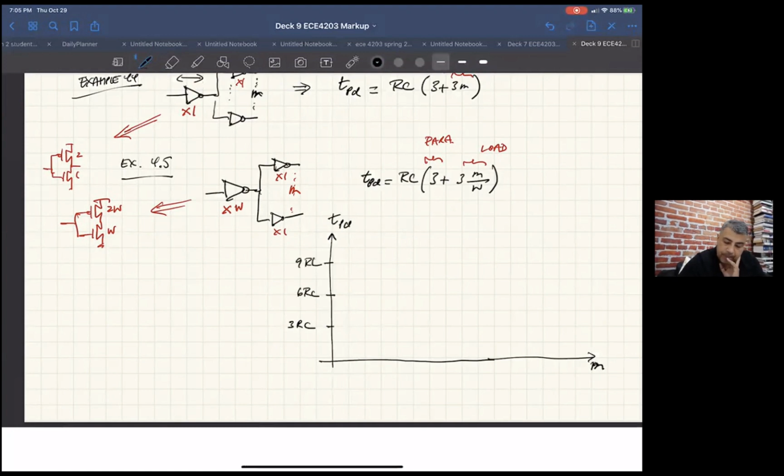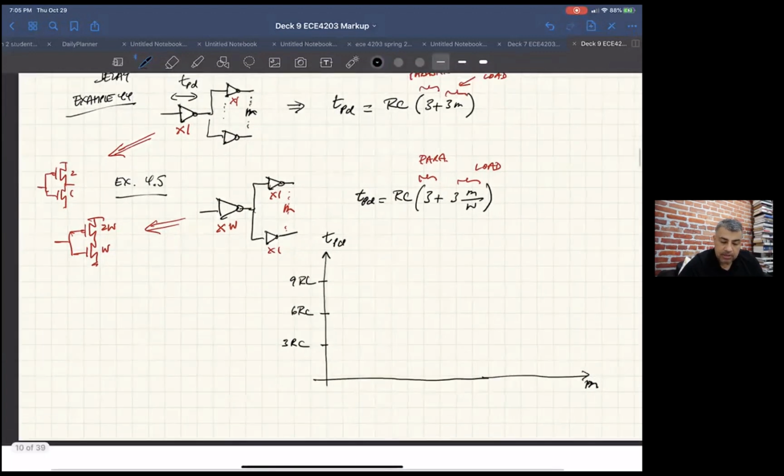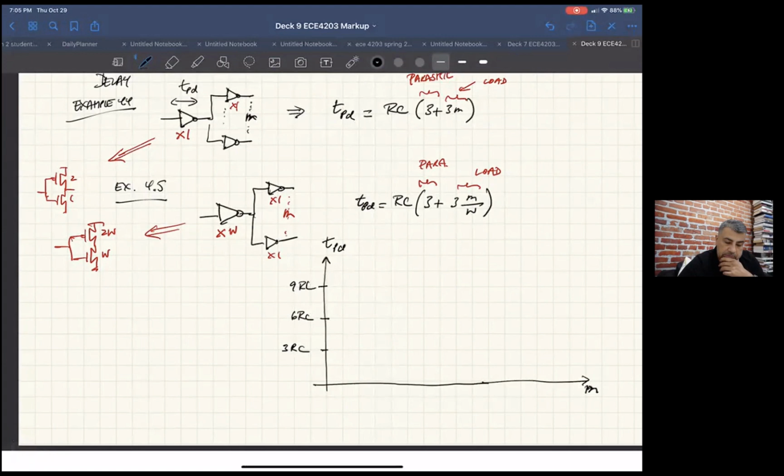M is the number of devices you're driving. It's a discrete number, so remember that you can't drive half of an inverter. M will be 1, 2, 3, whatever. That's the number of things you're driving.